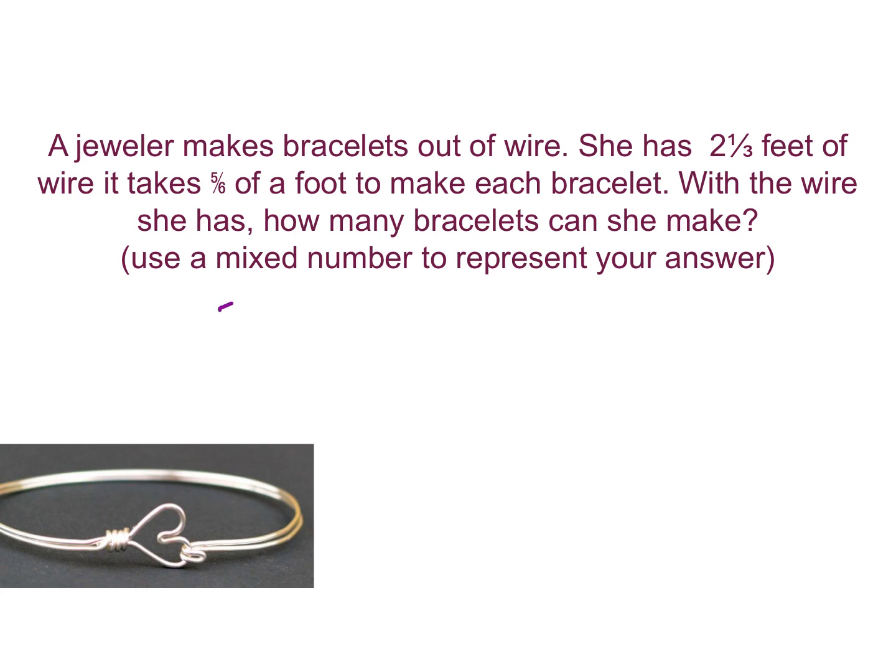So I'm going to take my 2 1/3 and I want to divide it into groups of 5/6. So I'm dividing. I'm going to change this into an improper fraction. So 7/3 divided by 5/6. Dividing fractions is easy as pie. Just flip the second and multiply.